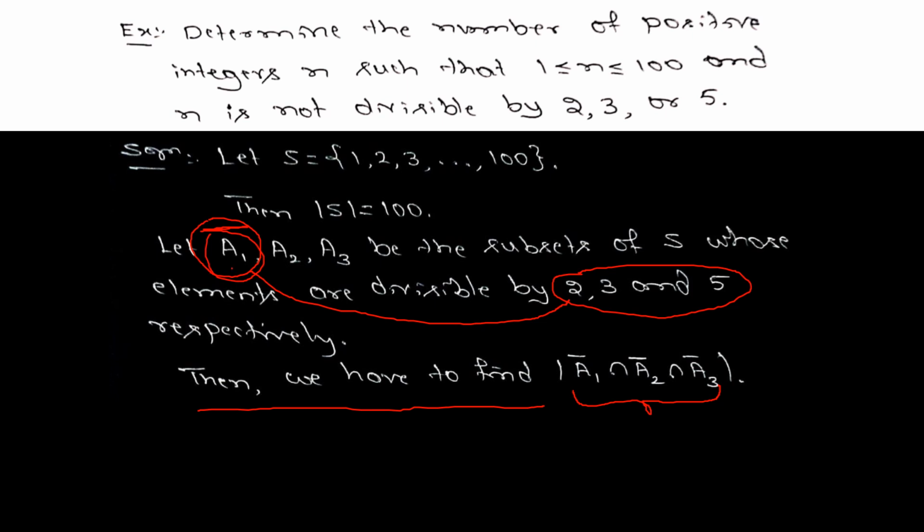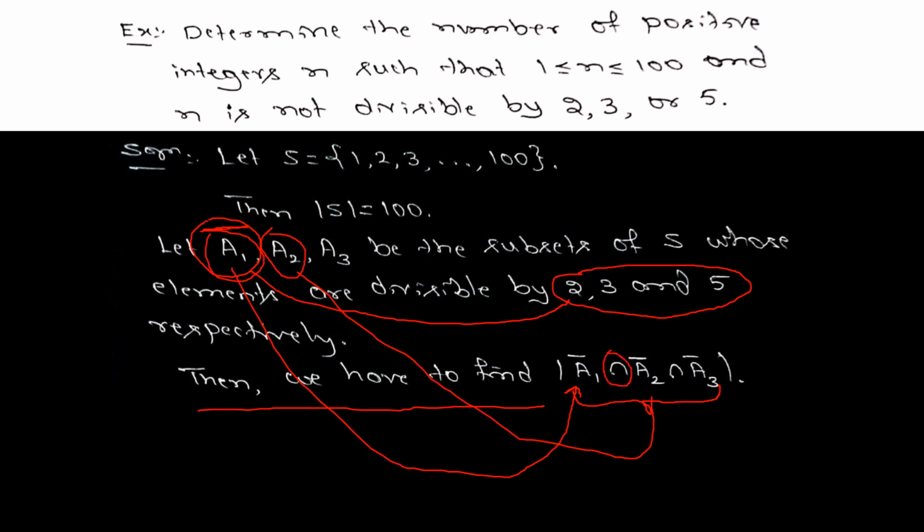So we will take A1 bar here, the positive integers which are not divisible by 2, and also we require the elements which are not divisible by 3 as well. So that's why we have taken the intersection between these two.